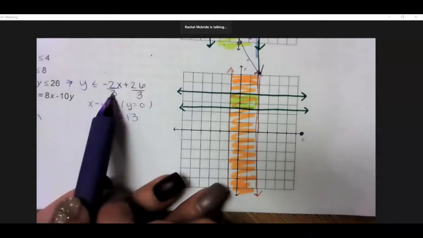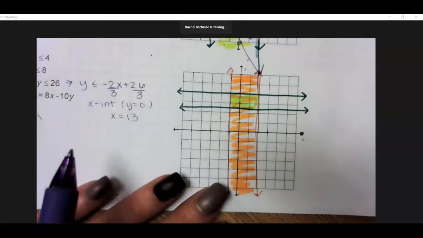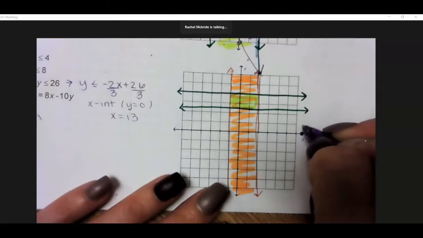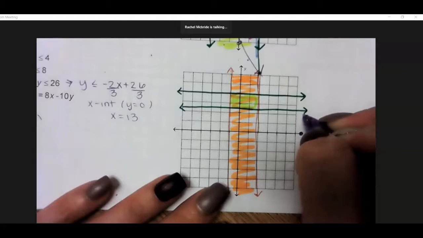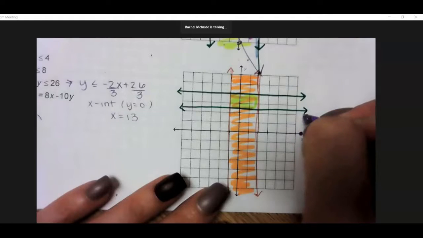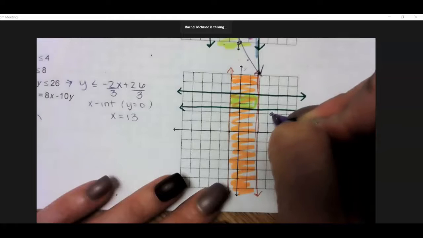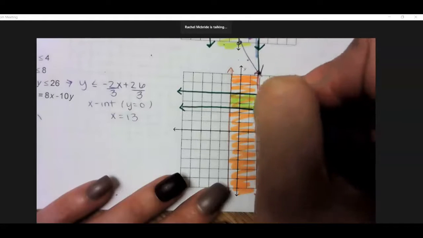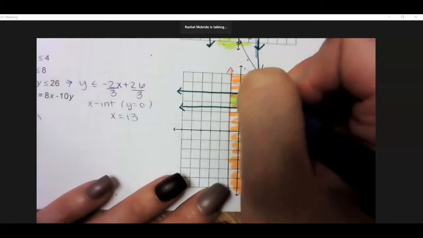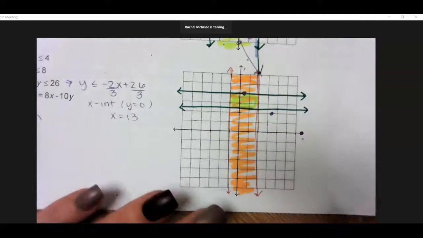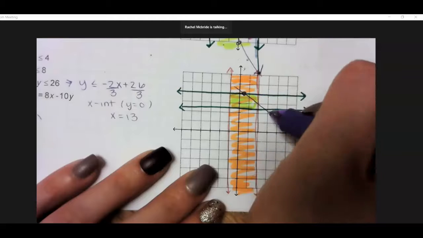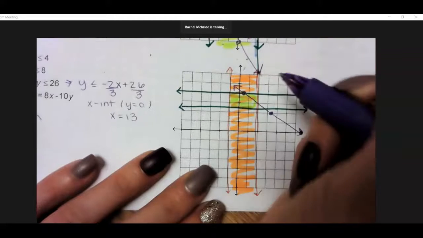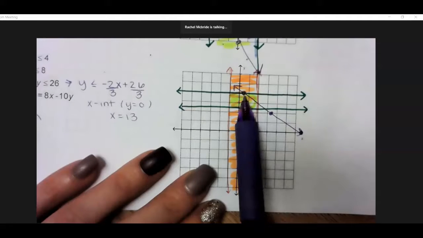And now we apply our slope of -2/3, which is the same as saying down 2 and over 3.